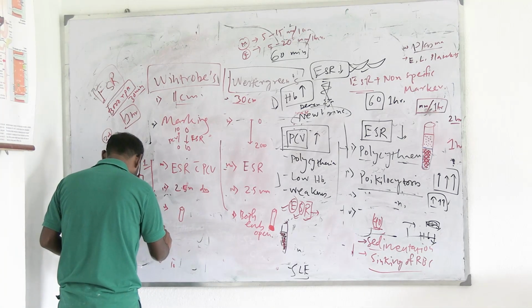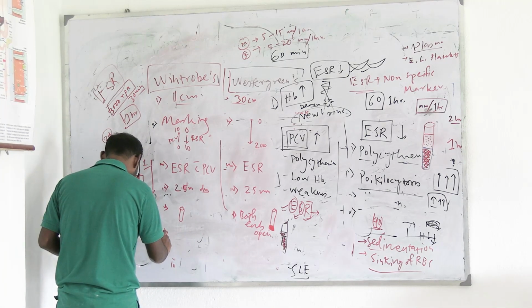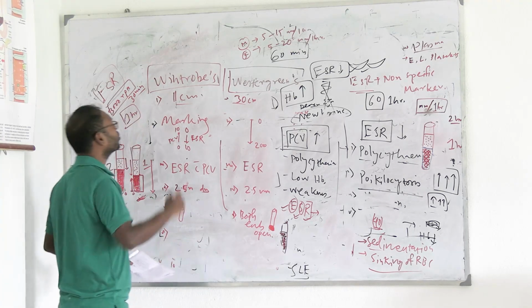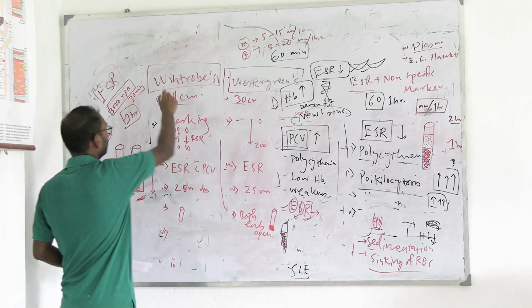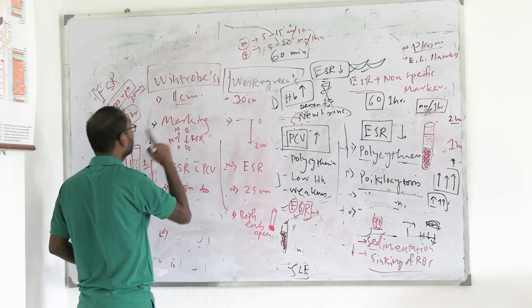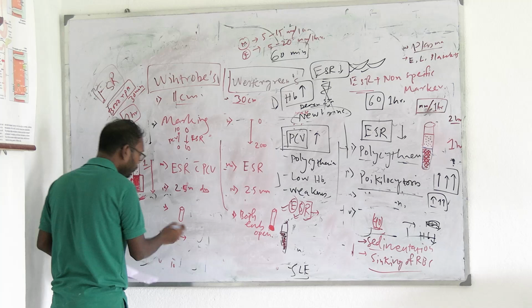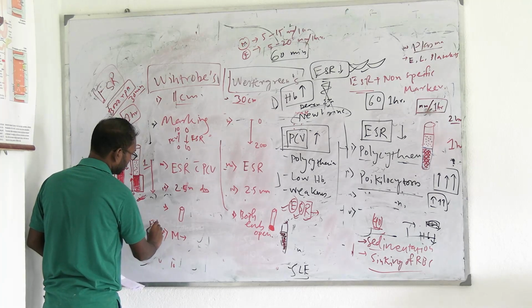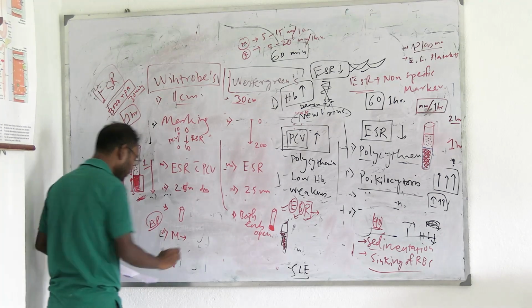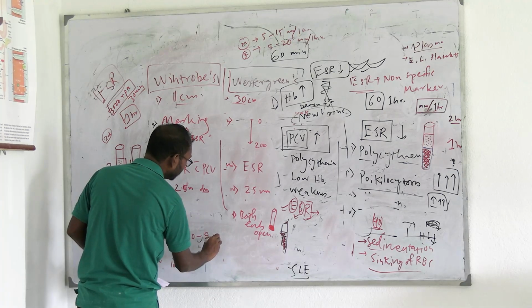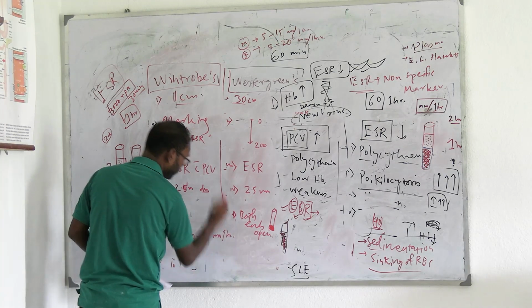And last difference is, okay, your valuation. So in case of Wintrobe's tube, the valuation of ESR, in case of male, it will come from 0 to 9 millimeter per hour.